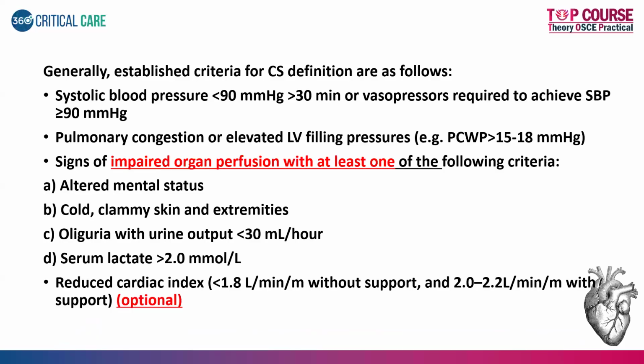But the requirement of cardiac index for the diagnosis of cardiogenic shock is optional. So if you have a systolic blood pressure less than 90, persistent for more than 30 minutes, with signs of pulmonary congestion and organ impairment, that itself is classified as cardiogenic shock.